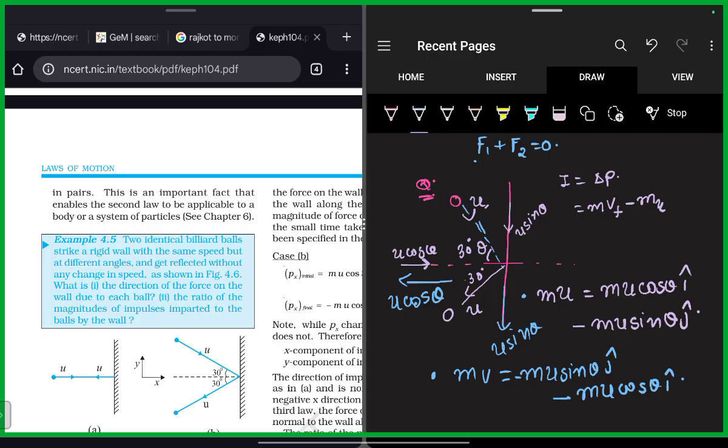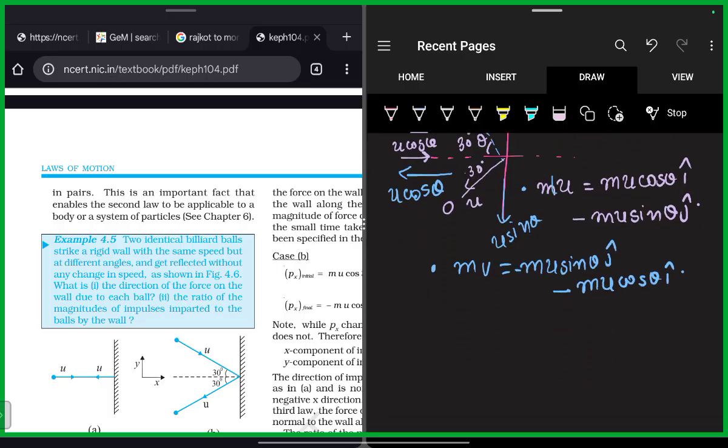Alright, sir. Okay. Right. So if we can find out the change in momentum, then we can find out the impulse. Yes. So here impulse would be the subtraction of both these equations, 1 and 2. Basically 2 minus 1.